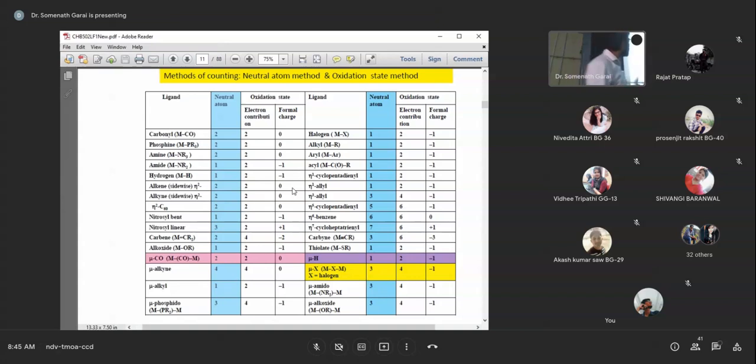If it is eta 3, then usually it will be giving 3 electrons. Eta 5 means 5 electrons. Eta 6 means 6 electrons, like that. Carbyne will be giving you 3 electrons because it is a metal-carbon triple bond. Carbene will be giving you 2 electrons because there will be a metal-carbon double bond.